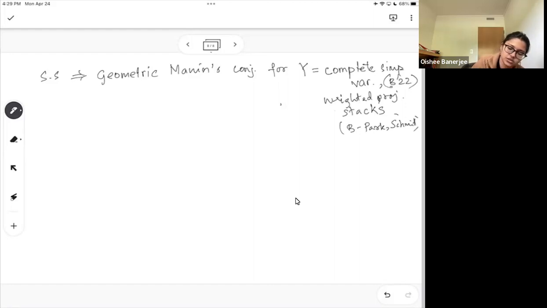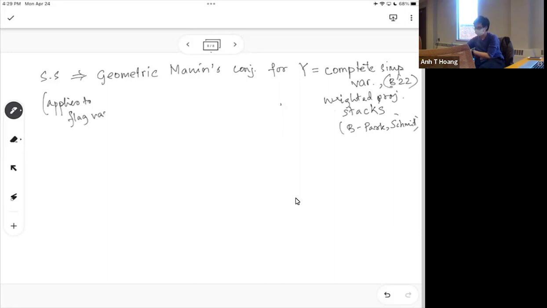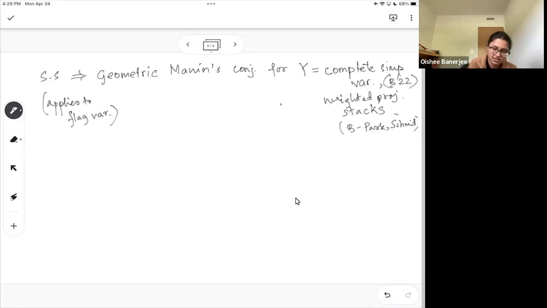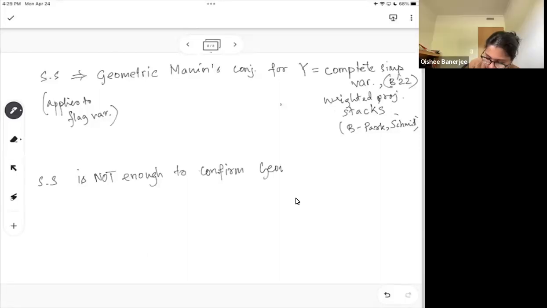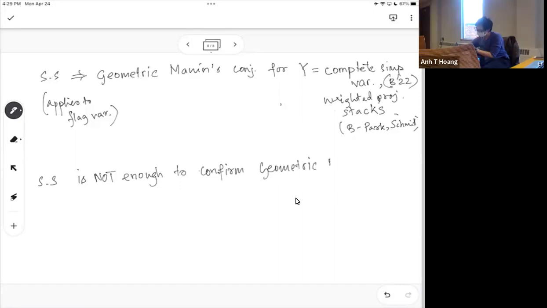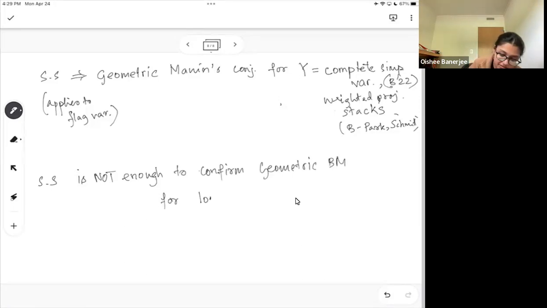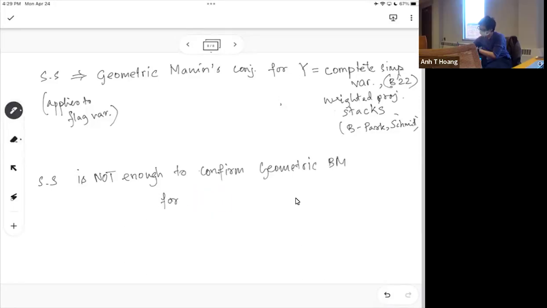The spectral sequence also applies to confirm geometric Manin for flag varieties. But what it does not do is the spectral sequence is not enough to compute or confirm the geometric Manin conjecture for low degree hypersurfaces, Fano hypersurfaces, or hypersurfaces which are Fano.